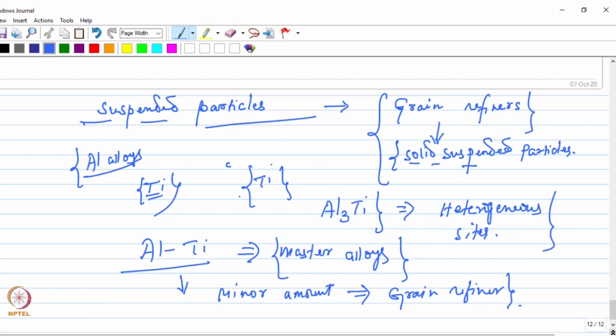Right, so this master alloy will provide these intermetallic particles having a much higher melting point, so they will be still solid at the melting point of aluminium. So they will be in the form of solid suspended particles inside the melt, and will act as the heterogeneous nucleation sites and increase the nucleation rate.